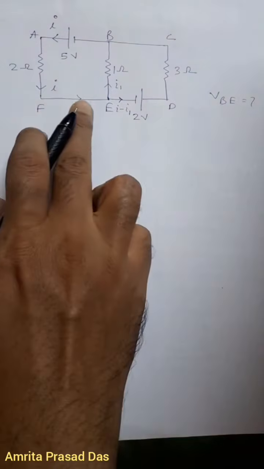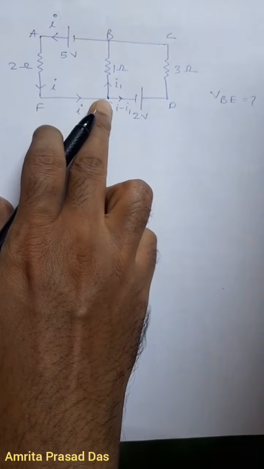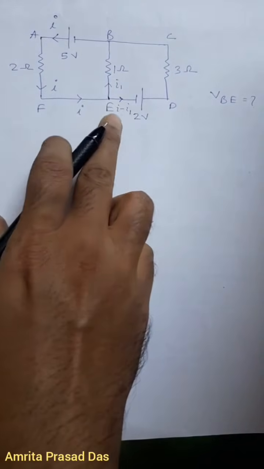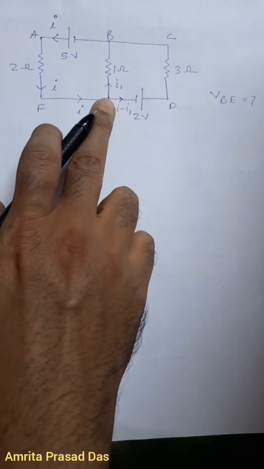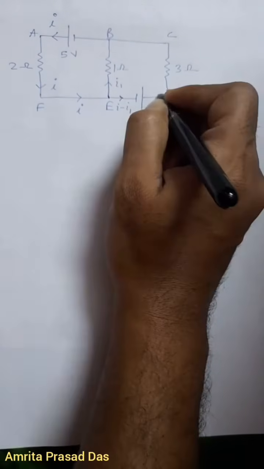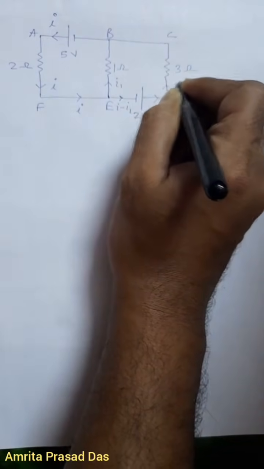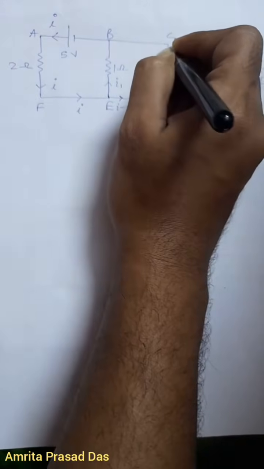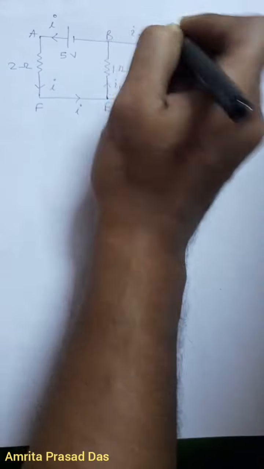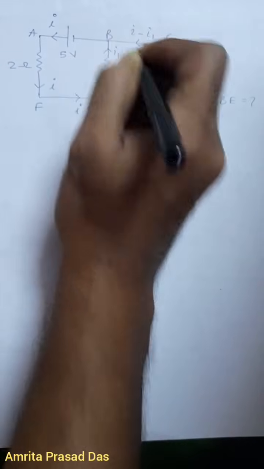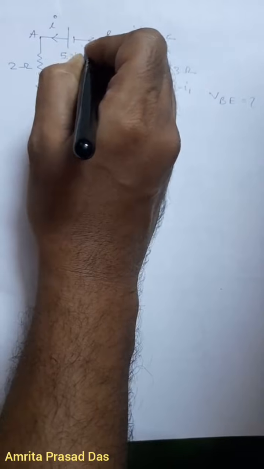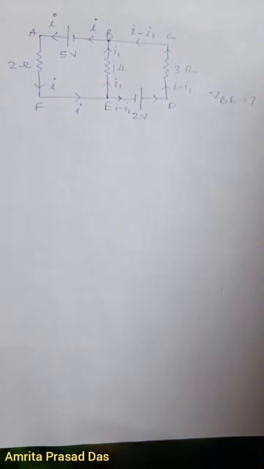If I is the current entering the point E and I1 is going out, then the remaining current that should move from E outward should be I minus I1. Now I minus I1 current is moving in this branch, and they are joined here and we get the current I.